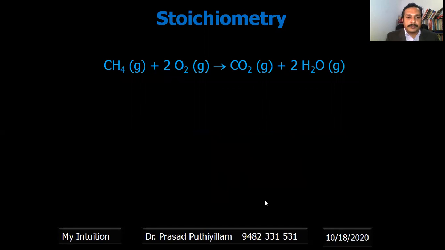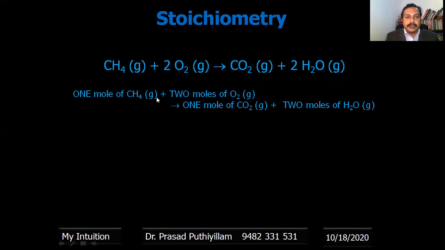For example, from this balanced equation, we can say that 1 mole of CH4 gas reacts with 2 moles of oxygen gas to give 1 mole of carbon dioxide gas and 2 moles of H2O, that is steam.